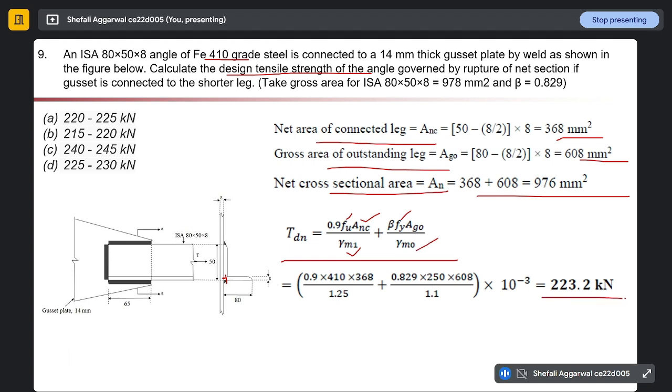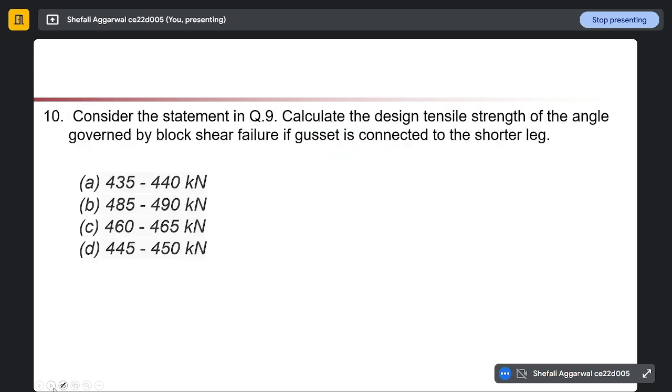So this is coming as 223.2 kN. So the answer will be 220 to 225 kN. Okay, if that is fine, then we will go to the next question.